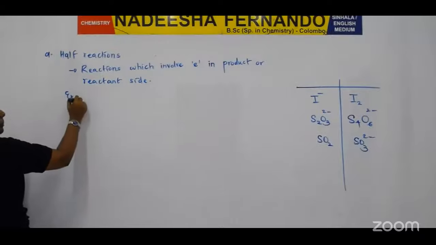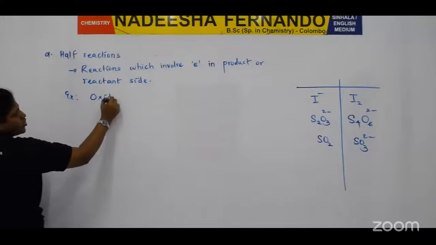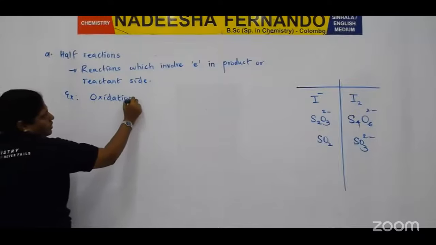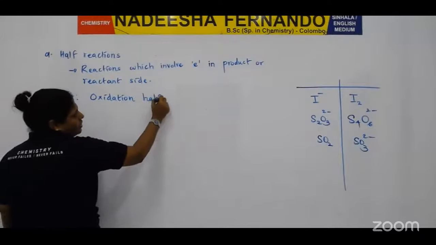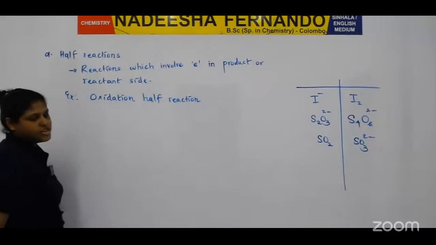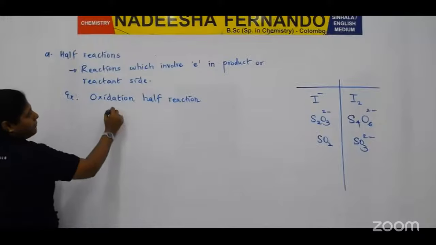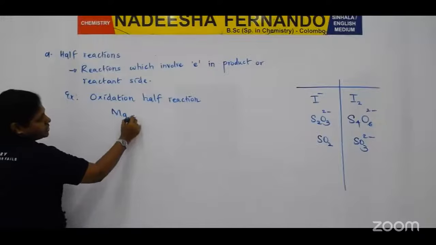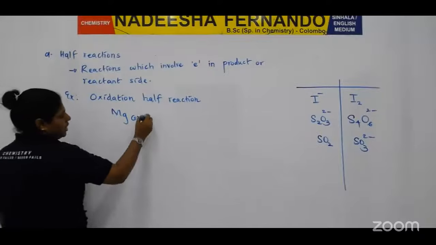Example, oxidation half reaction. Magnesium is a solid. It forms magnesium 2 plus.